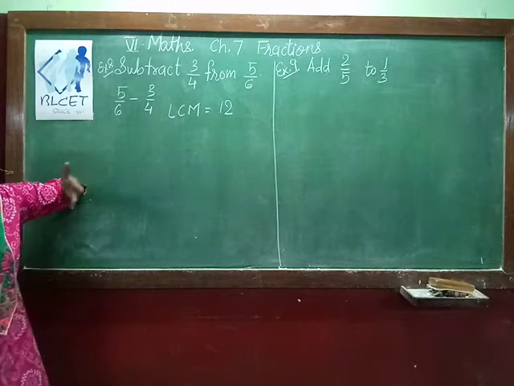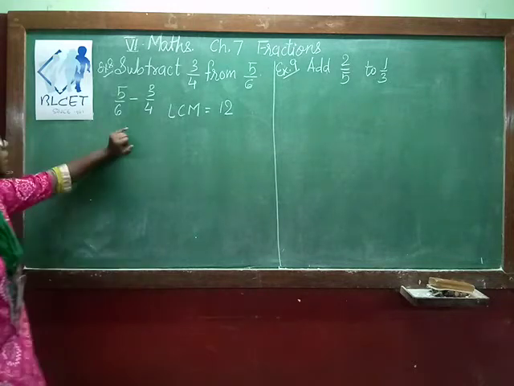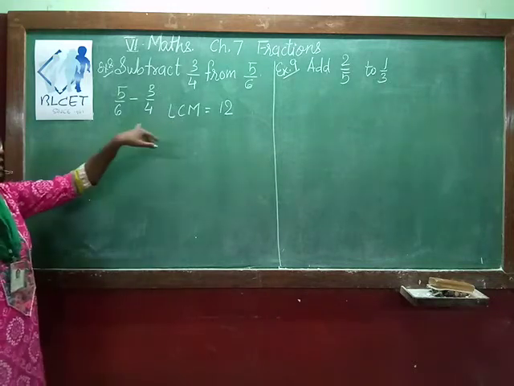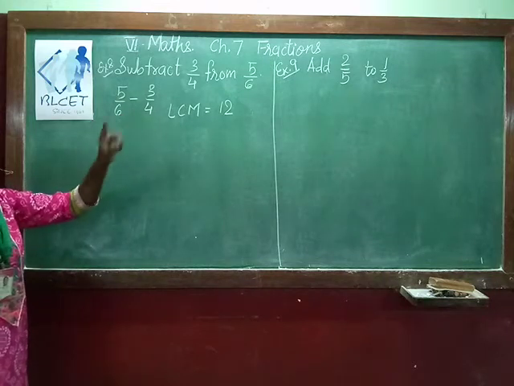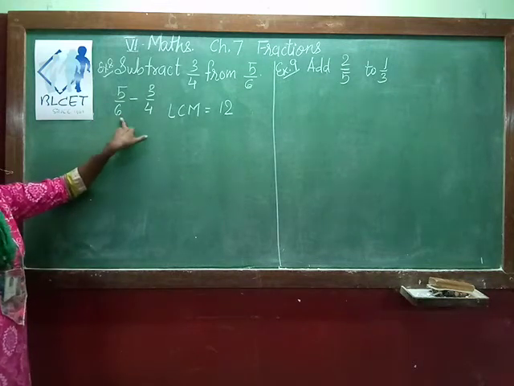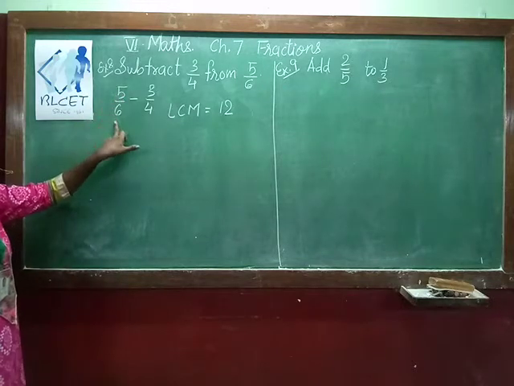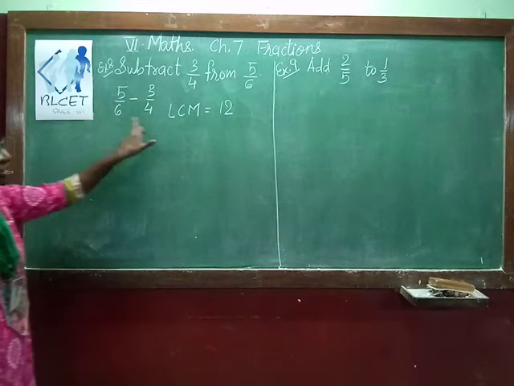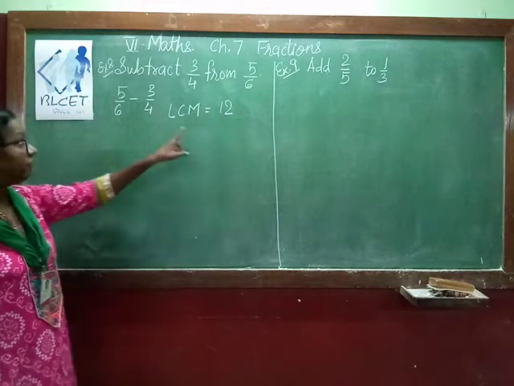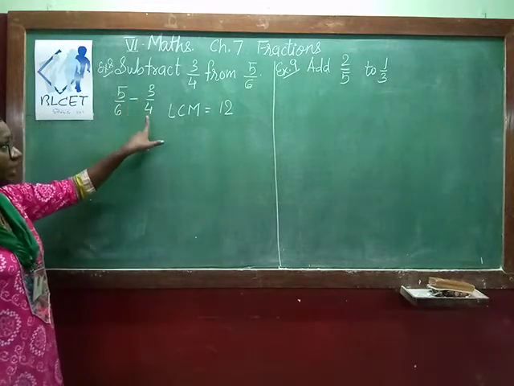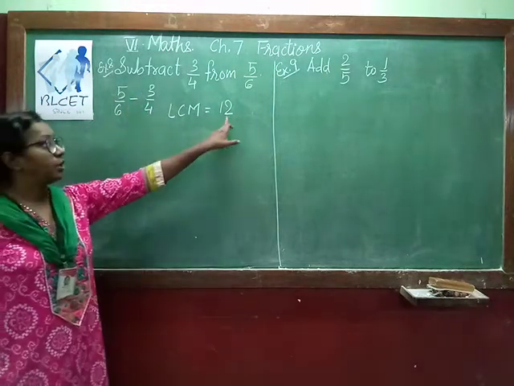Okay, that also we have done in the previous chapter. So now we have to make the denominators 12. So to make the denominators 12, by which number we have to multiply? So we will find the equivalent fraction for 5 by 6, in which denominator is 12. Same way we will find the equivalent fraction of 3 by 4, in which the denominator is 12.